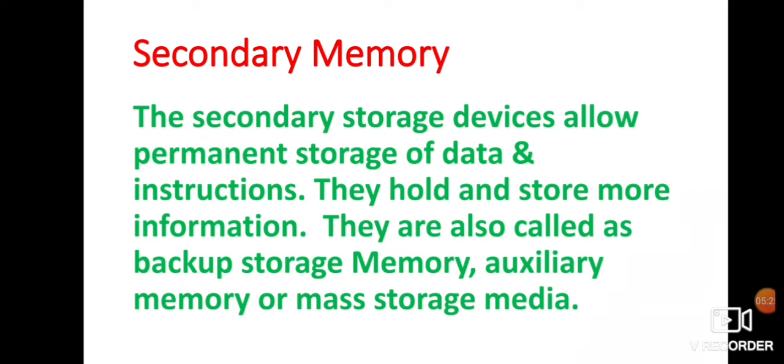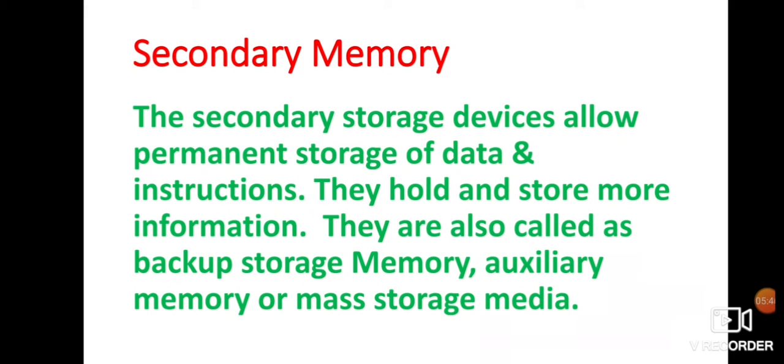They are also called backup storage memory. Since they perform the role of backup, we store information as a backup in these secondary devices. So they are called backup storage media. They are also called auxiliary memory or mass storage media.